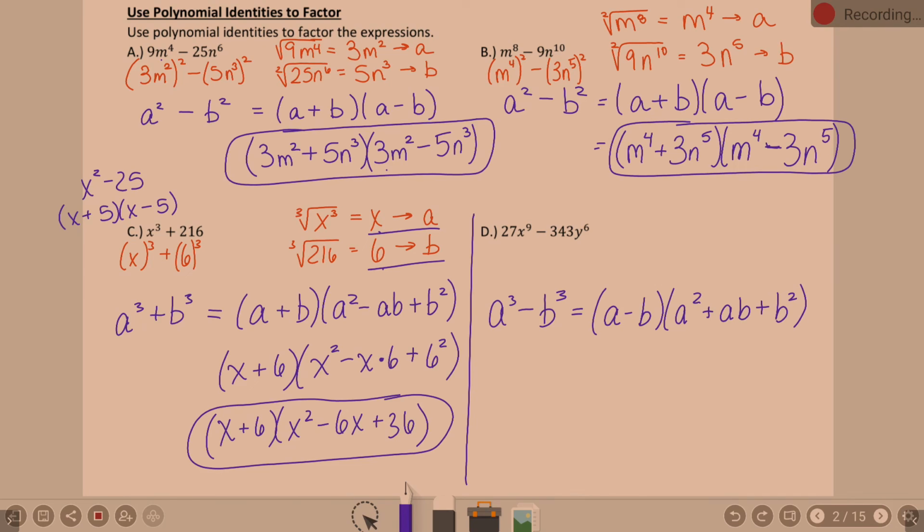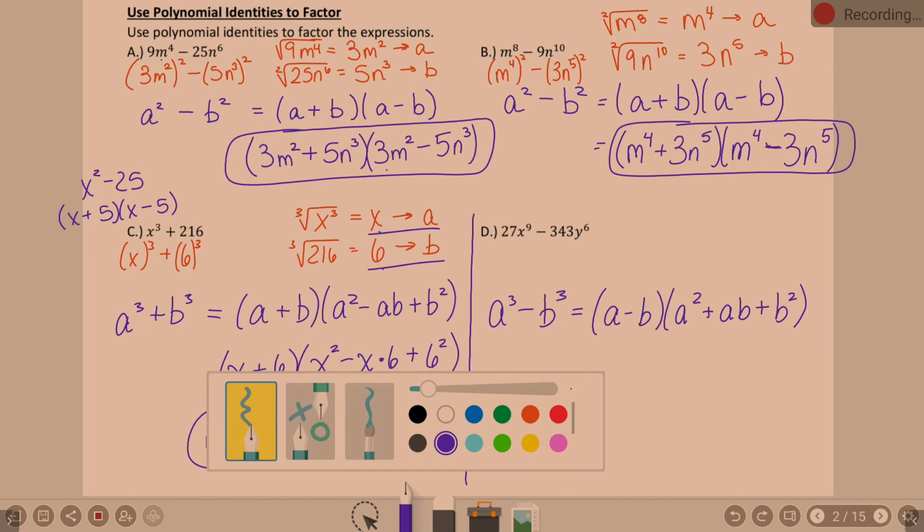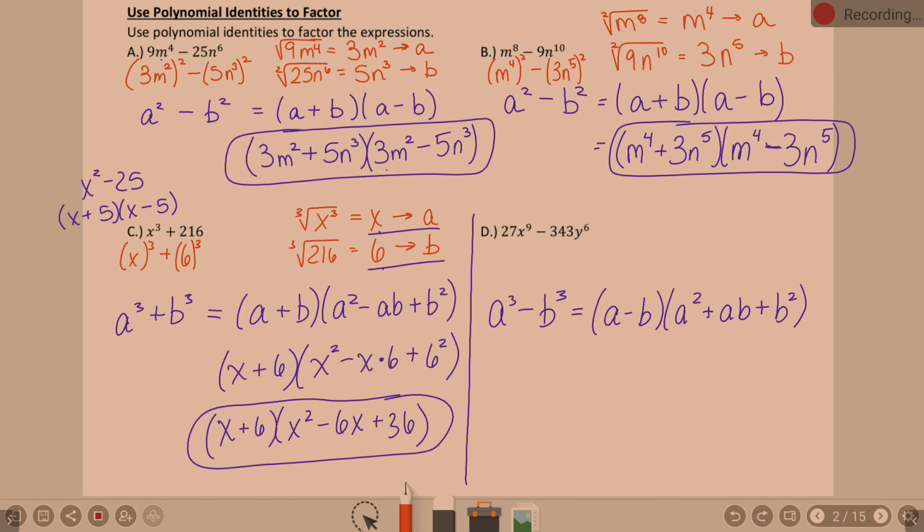All you have to know are a and b. Do we have enough confidence yet to figure out a and b? Yes. Okay, good. So in order to figure out a, I'm going to be doing the cube root of 27x to the 9th.